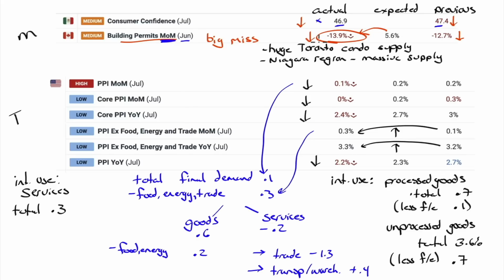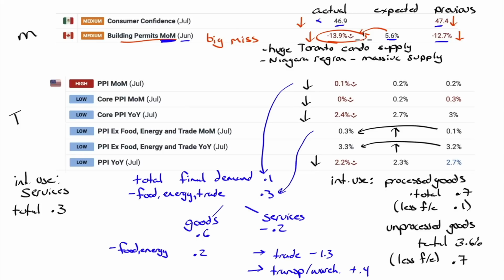This is for June, negative 13.9%, a 14% drop in building permits month over month. And the previous month was revised downwards to almost 13% down. The expectation was an increase of 5.6%. That's a miss, a big miss, with a big sign change, not just a little sign change here.